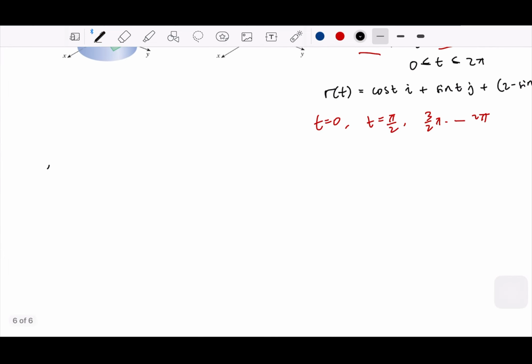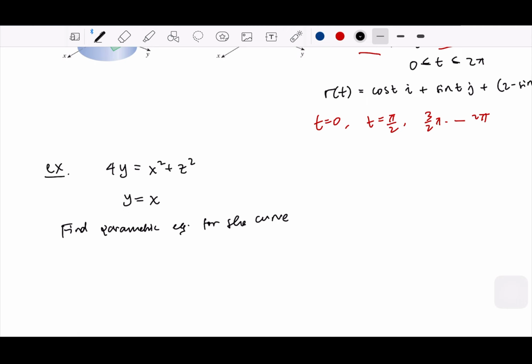And similarly, okay, if you take another example, you have a paraboloid. Find the parametric equations for the curve of intersection of the paraboloid and the plane.